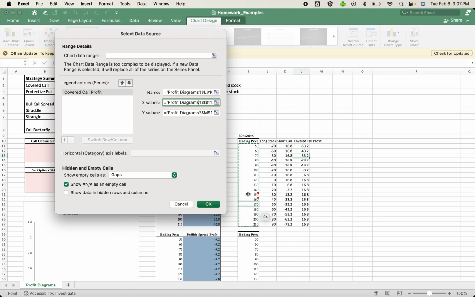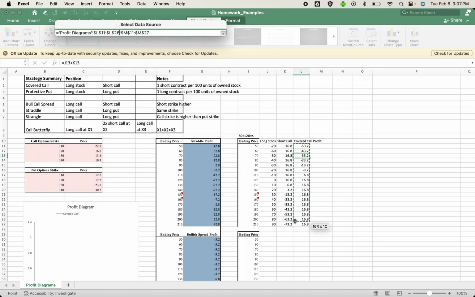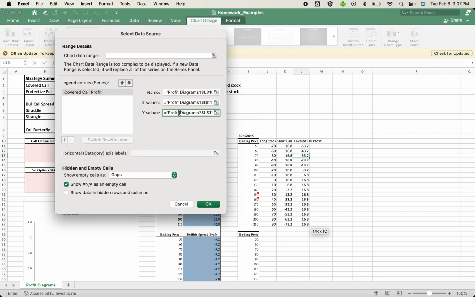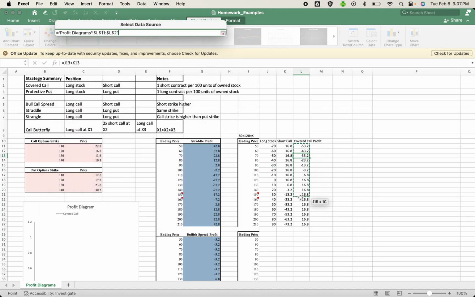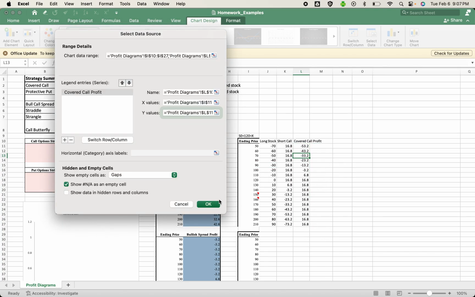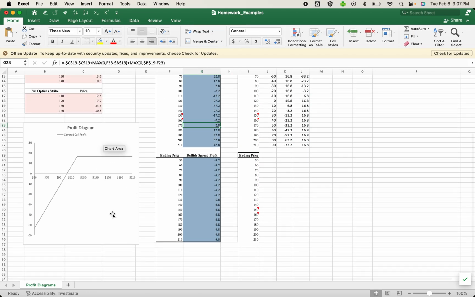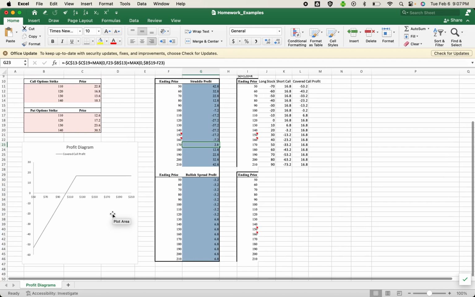My ending price is from the prior graph, but my Y values I'm just going to select this. And make sure you select it without headers. If you select it with headers, it's going to act funny. Okay, let's see. Okay, this looks like what we saw in class, right?